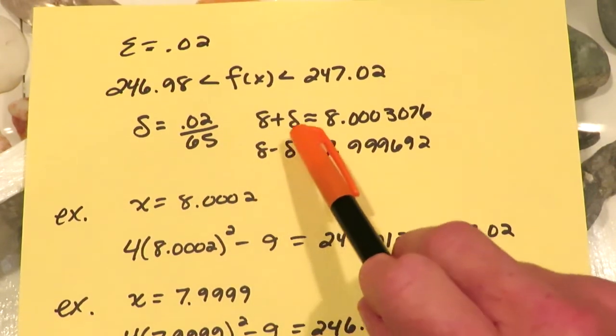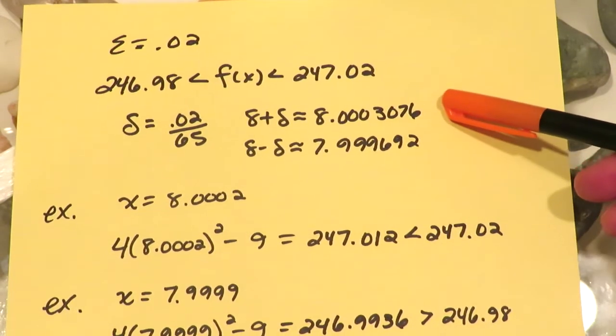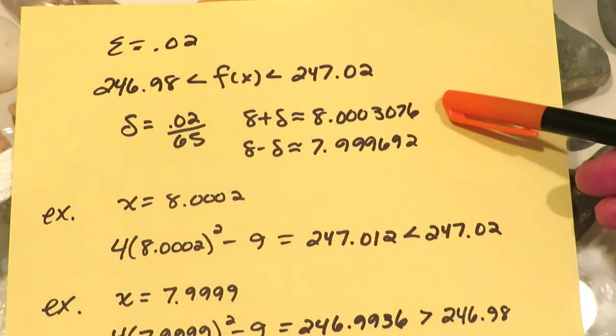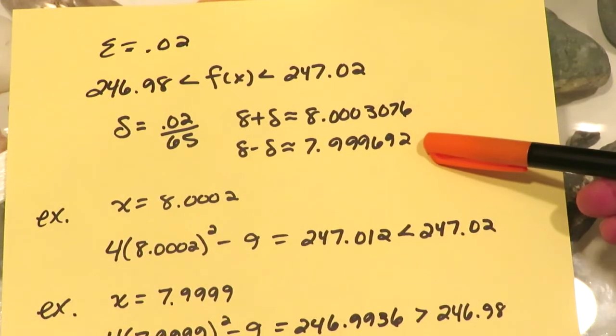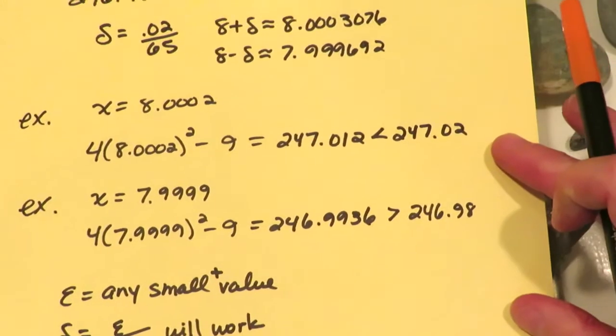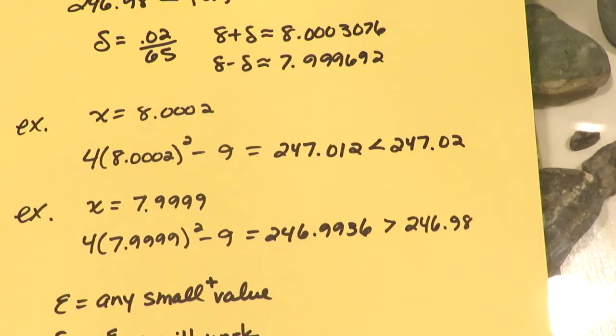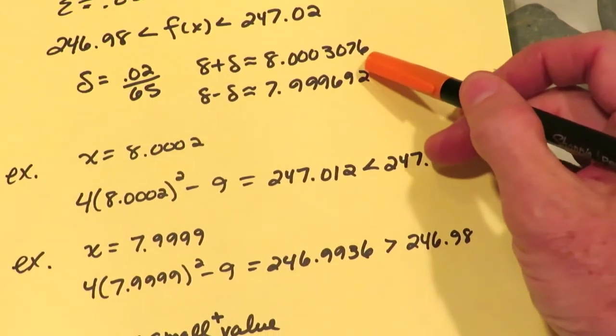If you added and subtracted delta from 8, then you would get an upper bound of 8.0003076 approximately, and a lower bound of 7.9999692 approximately. And pick a number that's in that range. So for example, 8.0002. 8.0002 falls in this range.